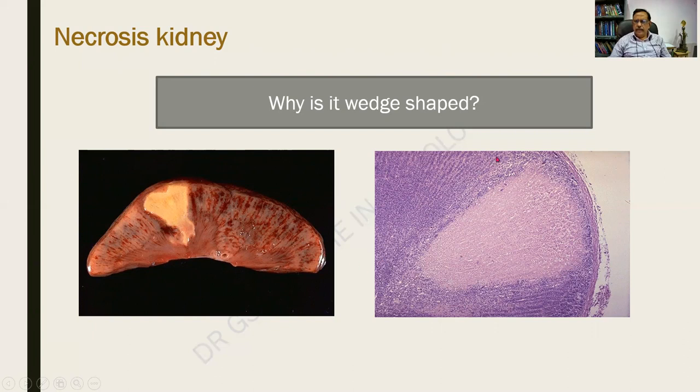I would like you people to kindly appreciate that beneath the capsule, there are some blue dots indicating that it is viable or live. And on the sides, it is again viable or live, whereas this area of infarct is pale. That is why it is called a pale infarct or a white infarct.